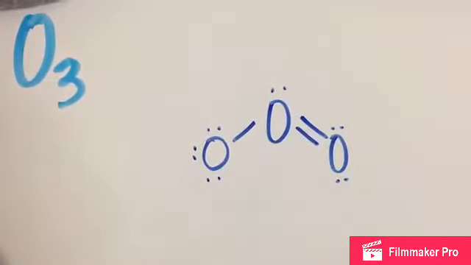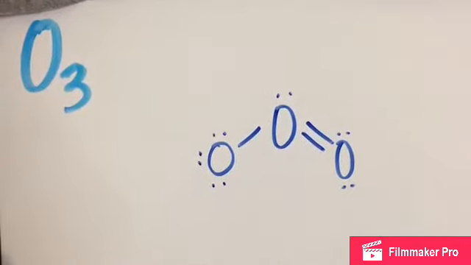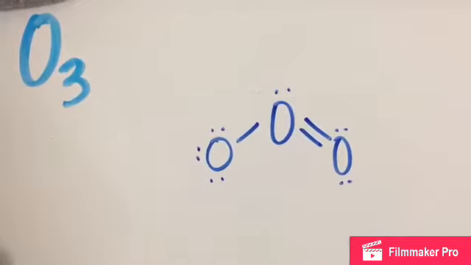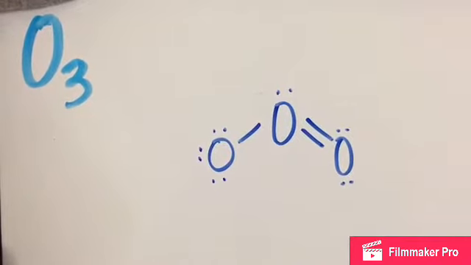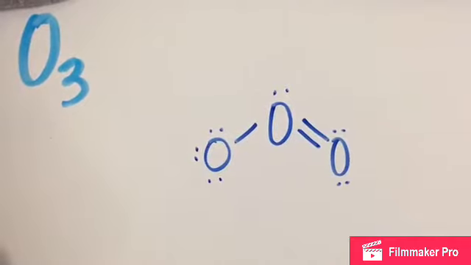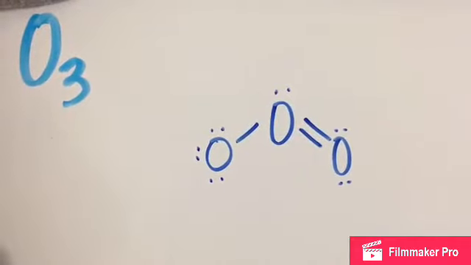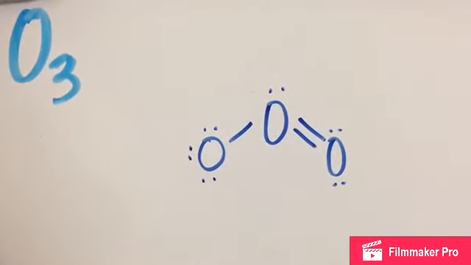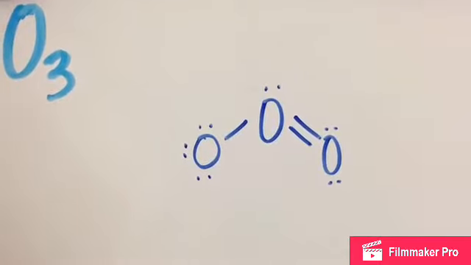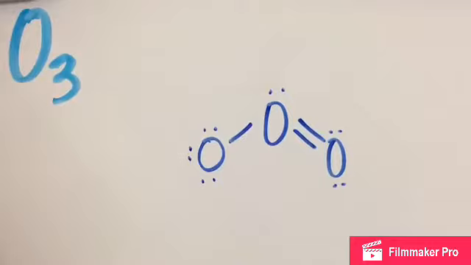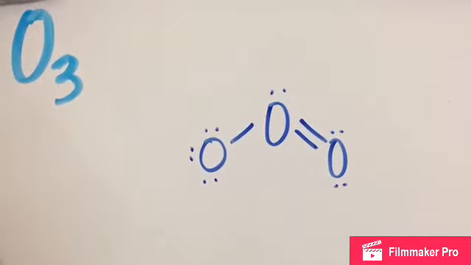So this is what the molecule will actually look like in a bent shape. And from the domain geometry, which is trigonal planar, the molecule has one domain that is different, so the molecule will be polar because the dipoles do not cancel and there will be a net dipole.